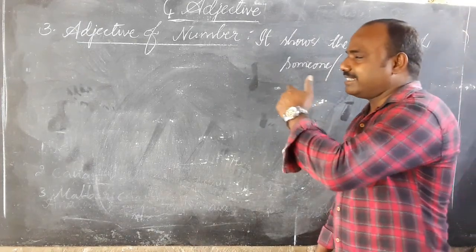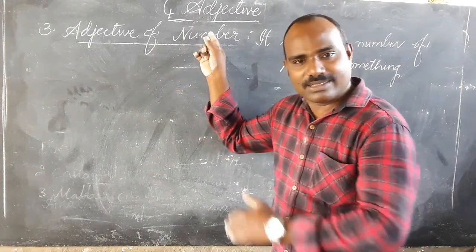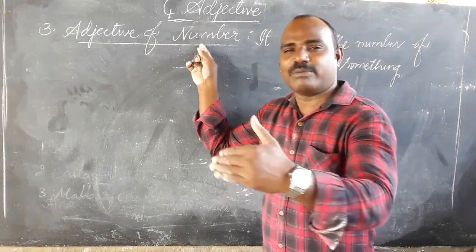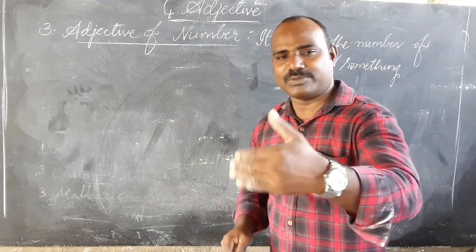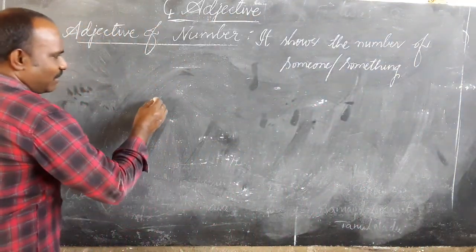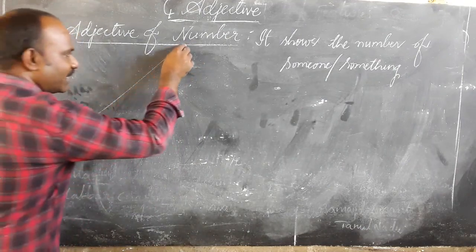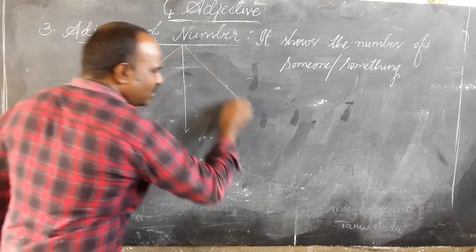See, adjective of number means here the meaning lies in the same. It shows a number of something or someone. See, look at it. Adjective of number can be three types.